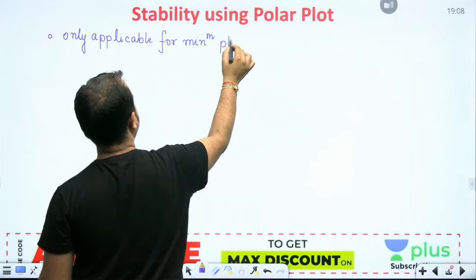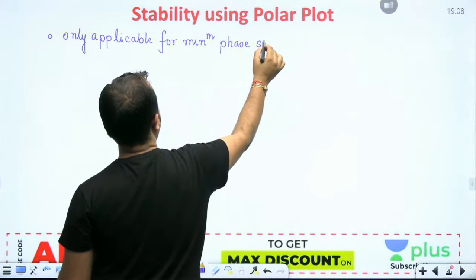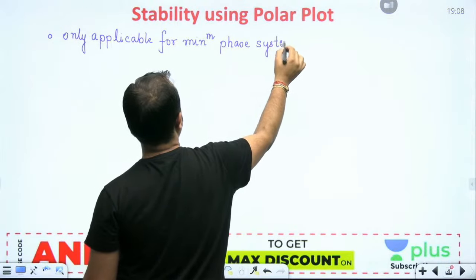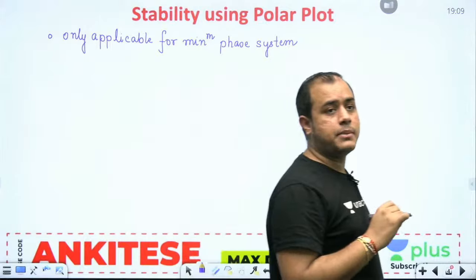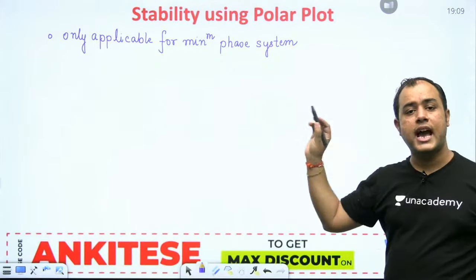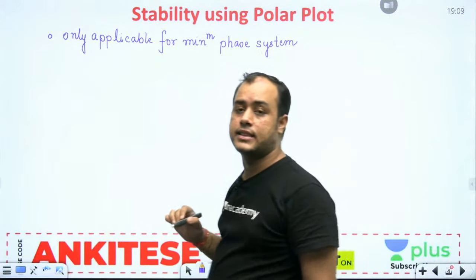Minimum phase system means which does not have a pole or zero in the right half plane. So this concept of stability using the polar plot is only applicable for the minimum phase system.